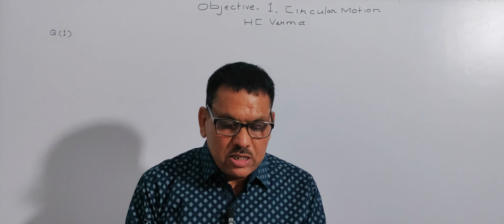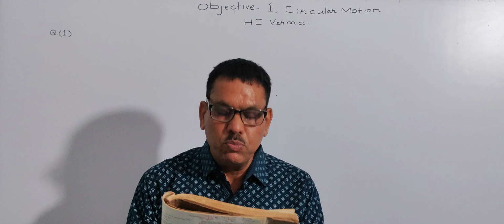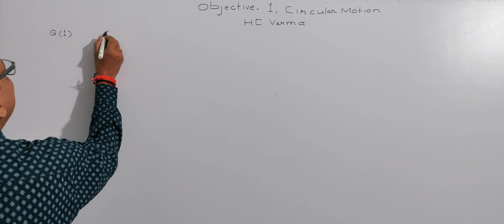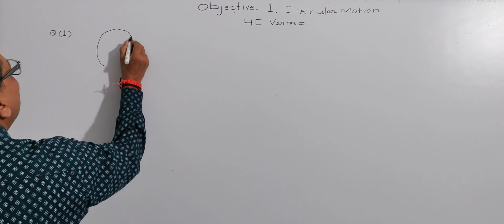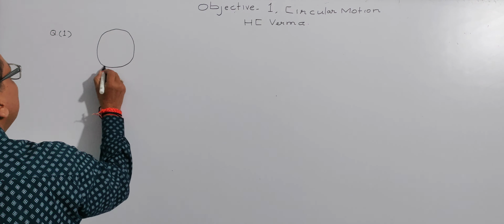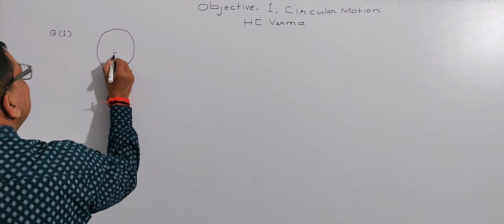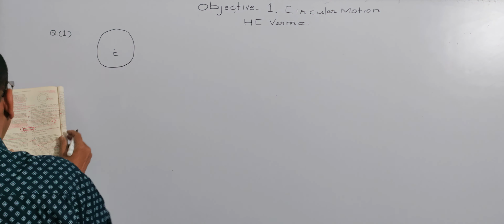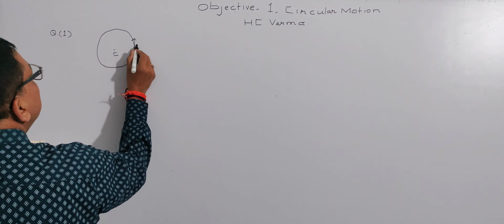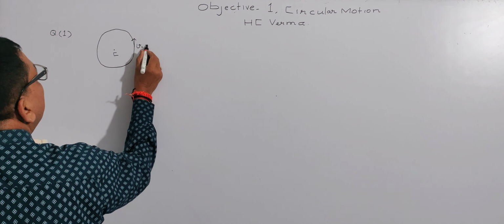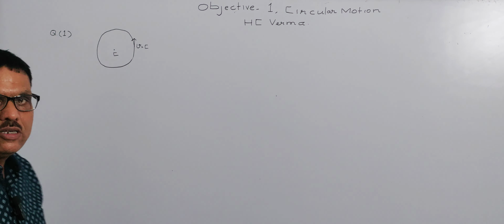The first option is velocity and acceleration are both constant. Now what is given in the question, that a particle is moving with constant speed. The speed is constant.